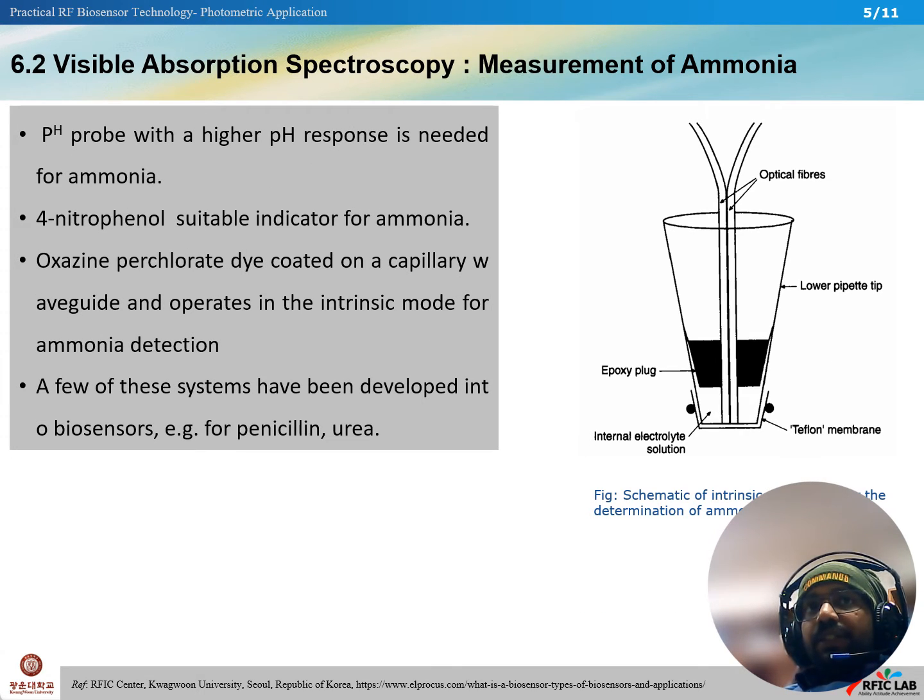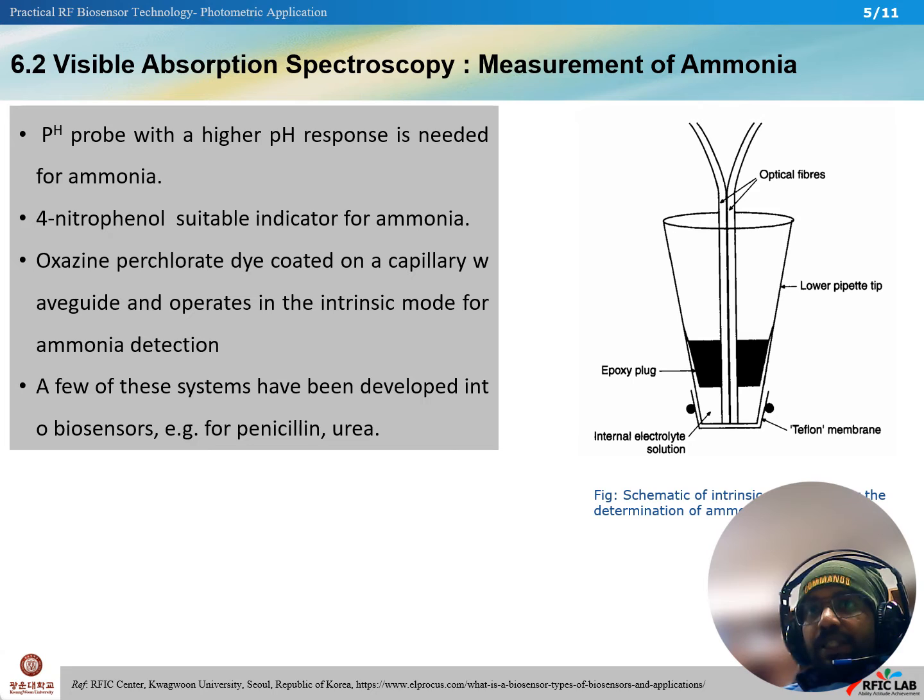Now visible absorption spectroscopy for the measurement of ammonia. A pH probe with a higher pH response is needed for ammonia sensing. So 4-nitrophenol is a suitable indicator for ammonia. Oxazine perchlorate dye coated on a capillary waveguide operates in the intrinsic mode for ammonia detection.